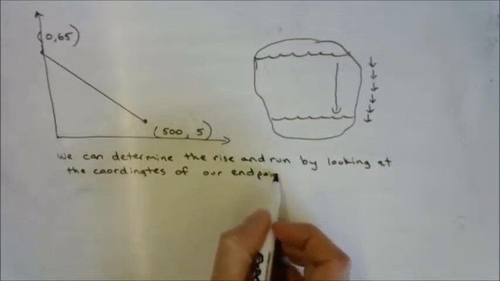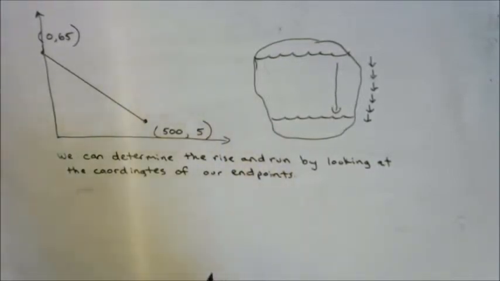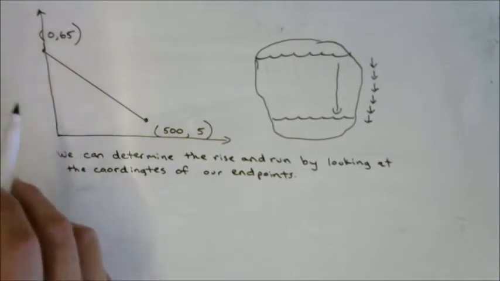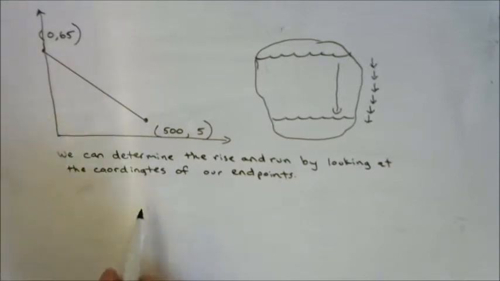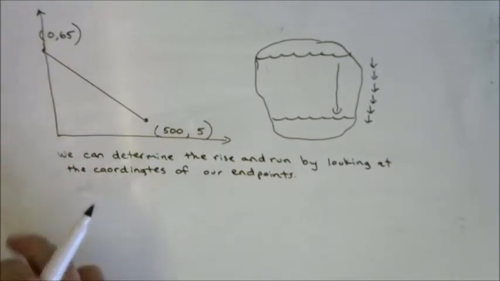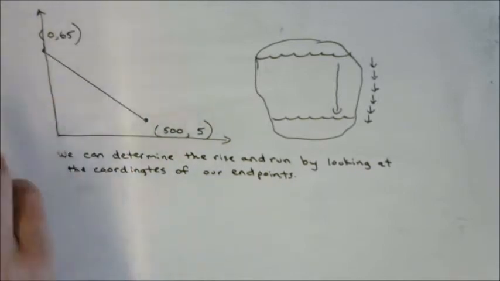This is going to be true in any graph, in any situation. If you have two endpoints, you really don't even need the line in between. You don't even need grid lines. You just need the coordinates. Can anyone make sense of that?